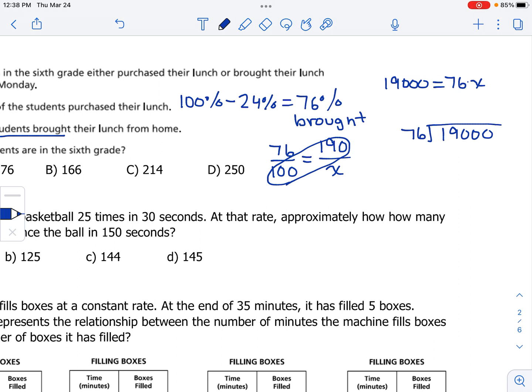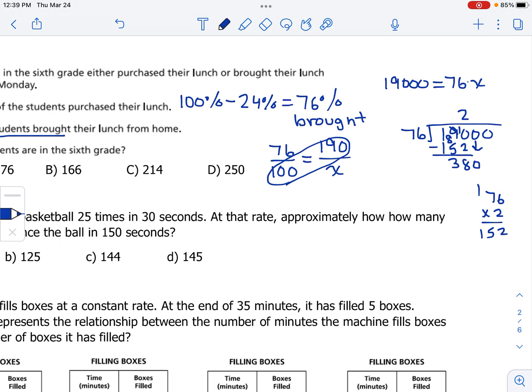76 is pretty close to 80, and I know 80 times 2 is 160. 80 times 3 is 240. That would be too big for the 190 here. So I know 76 goes into 190 twice. And that's 152. When we subtract, we get a difference of 38. I'm going to bring our 0 down. Right, again, 76 is pretty close to 80.